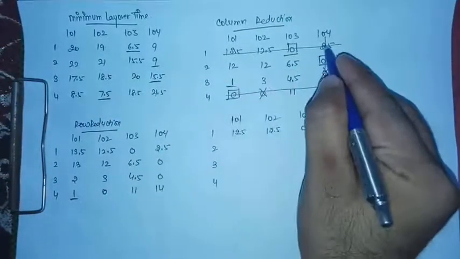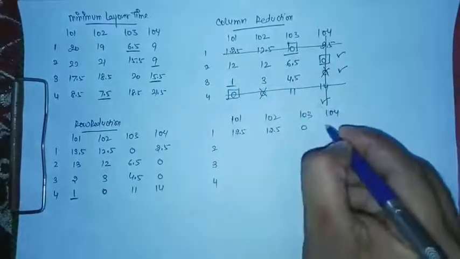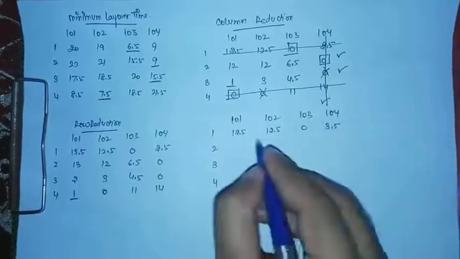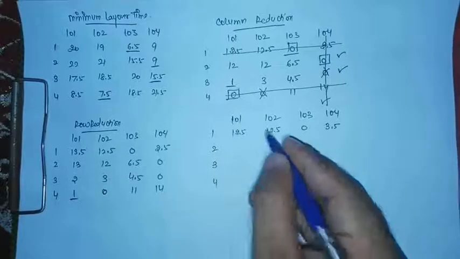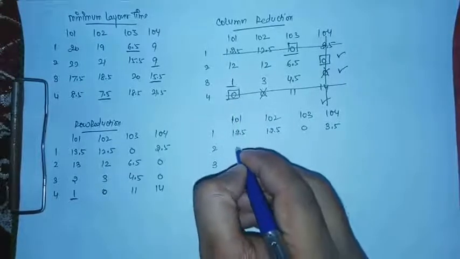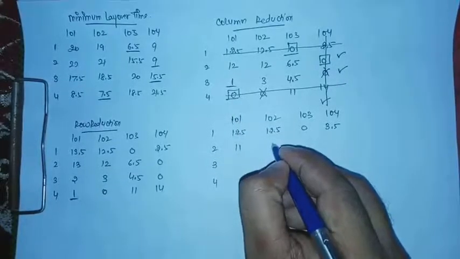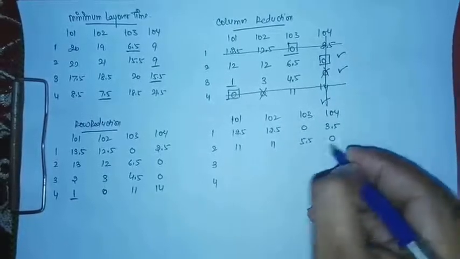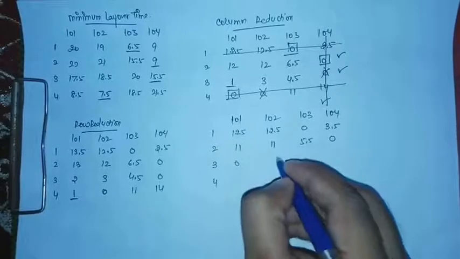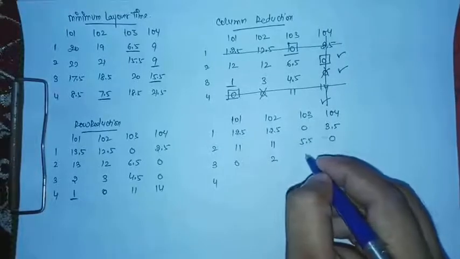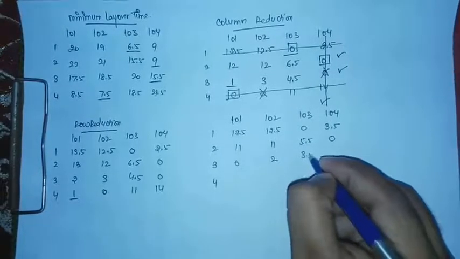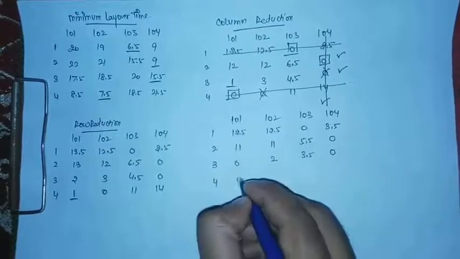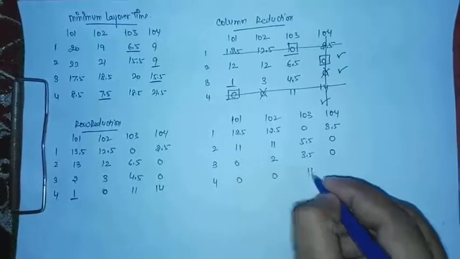So 2.5 plus 1 is 3.5. Again 12 minus 1, 11. 12 minus 1, 11. 6.5 minus 5.5, 0. 1 minus 1, 0. 3 minus 1, 2. 4.5 minus 1, 3.5. 0 will remain the same. 0, 0, 0, 11.